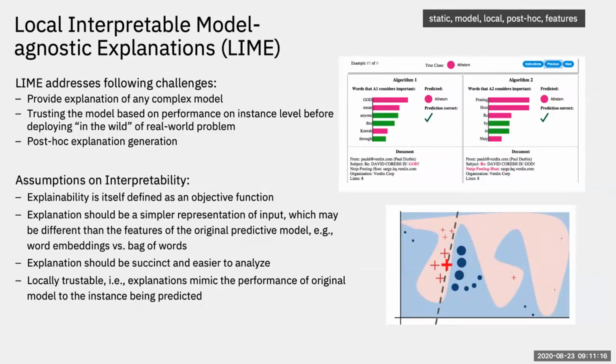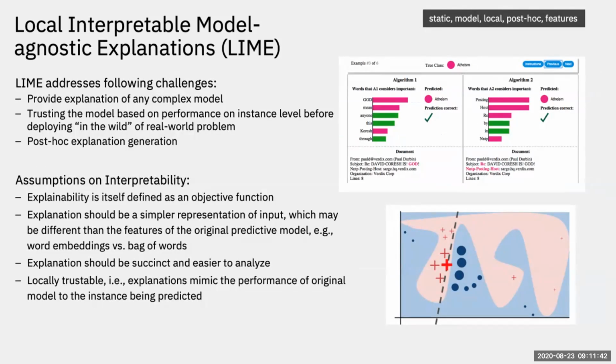Let me first show an example of the output of LIME's explanation for a text classification problem. Here we're showing the results from two explanations generated by two algorithms, and the task is to classify a text document as related to Christianity or atheism.